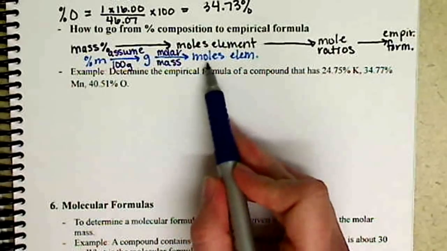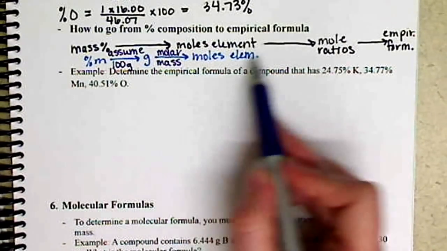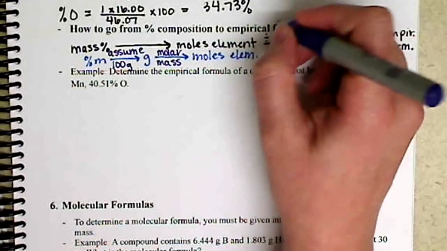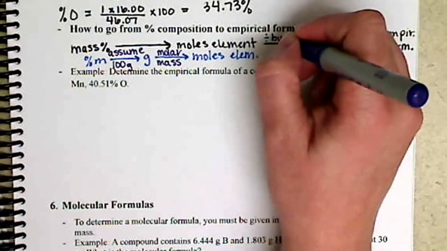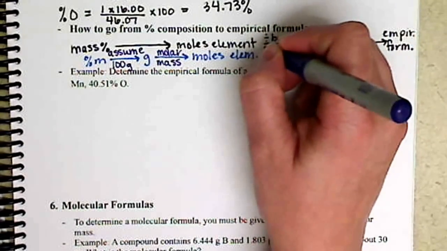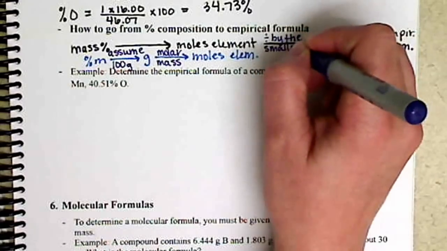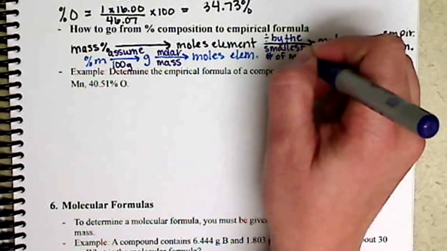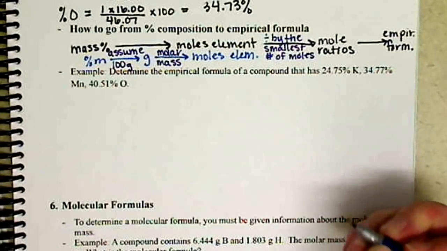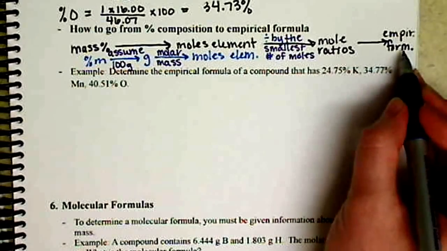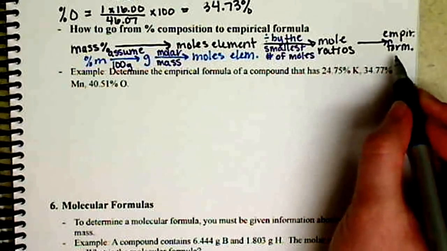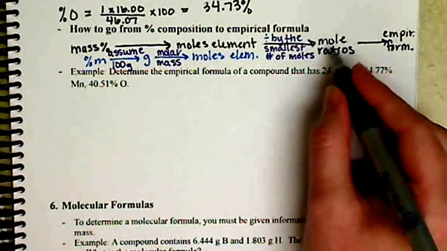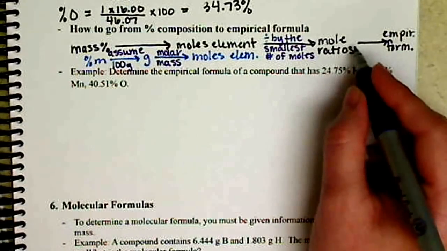Then, to complete the calculation, we go from moles of the element to the mole ratios, and that's where you're going to divide by the smallest number of moles. Then the final step is to go from your mole ratio to the empirical formula, and you have to have whole numbers for your mole ratios.